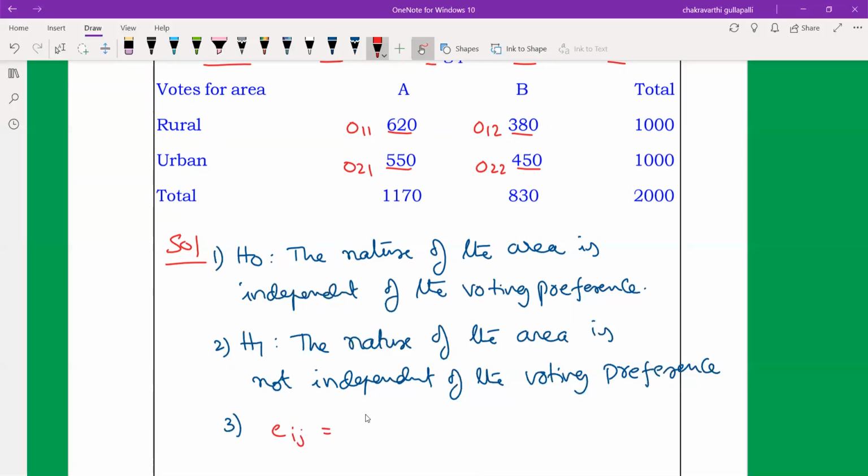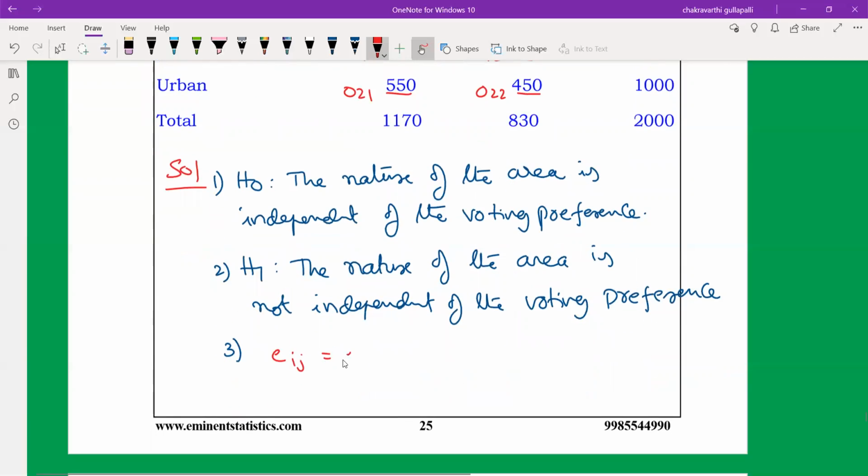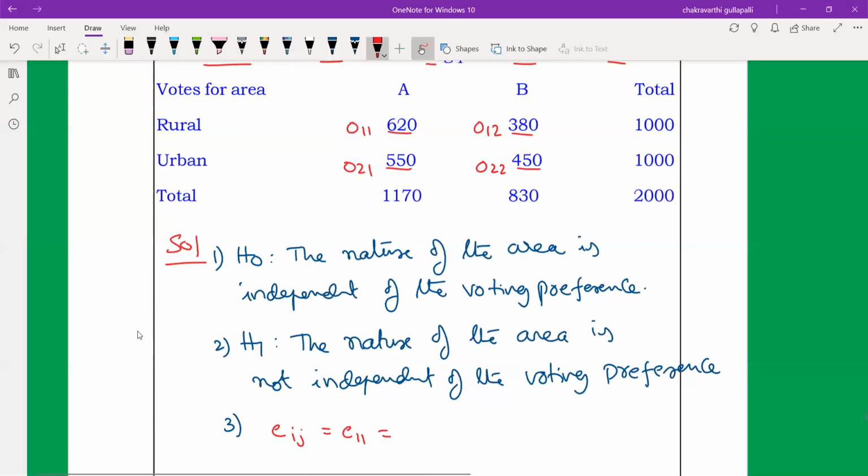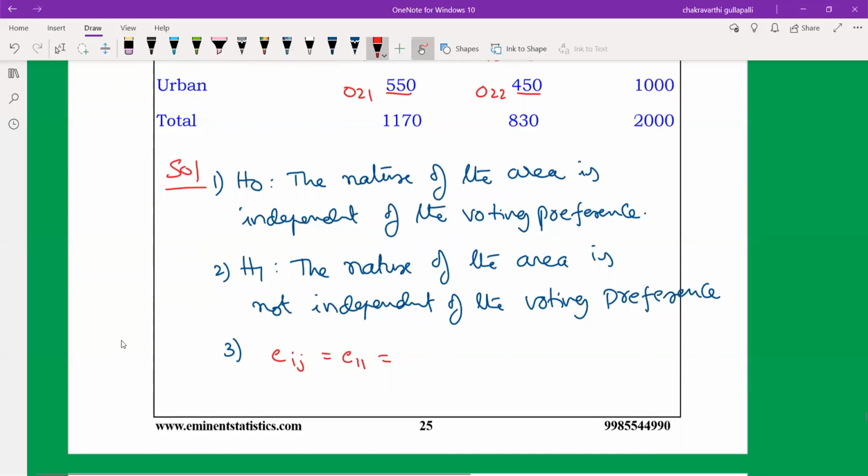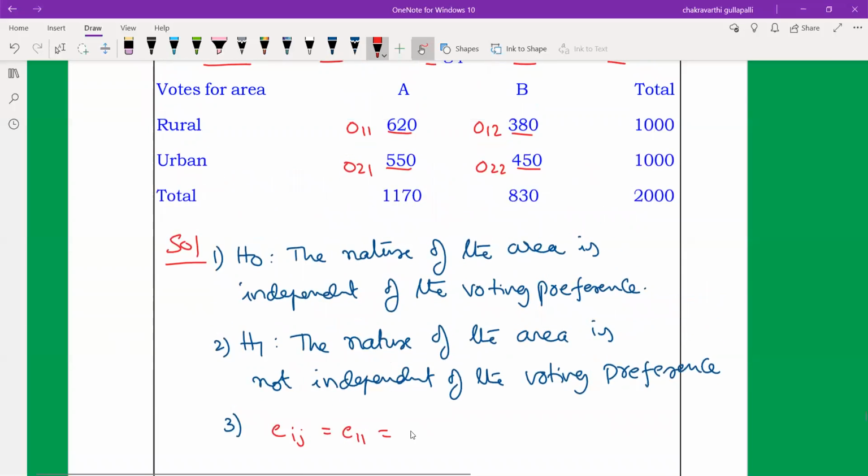For i equal to 1, j equal to 1, E11 is equal to first row total 1000, first column total 1170, dividing by 2000, that is equal to 585. That is E11.